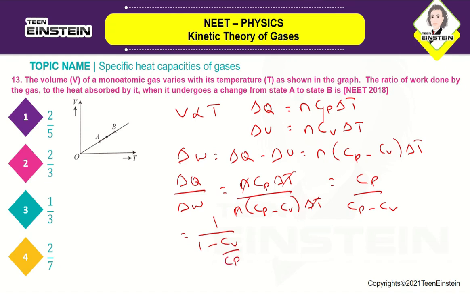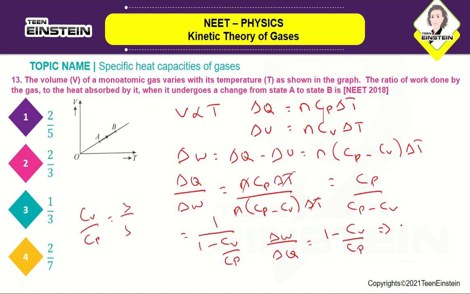So in the case of a monoatomic gas, you will be having Cv by Cp as 3 by 5. So what will happen here is del W by del Q is equal to 1 minus Cv by Cp. You are taking the inverse of that.